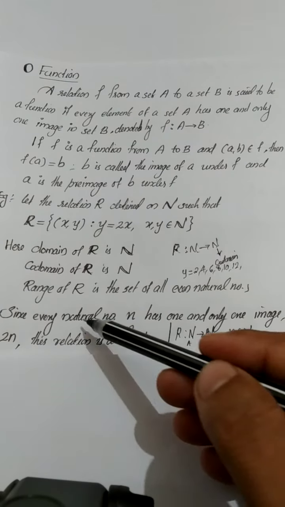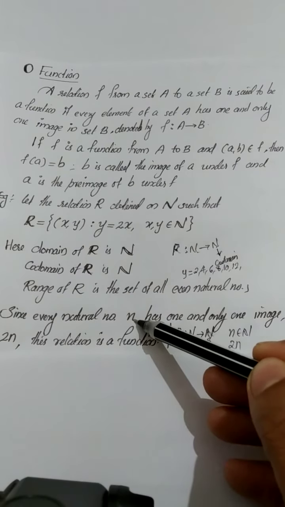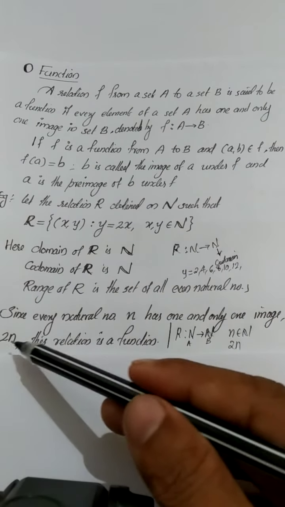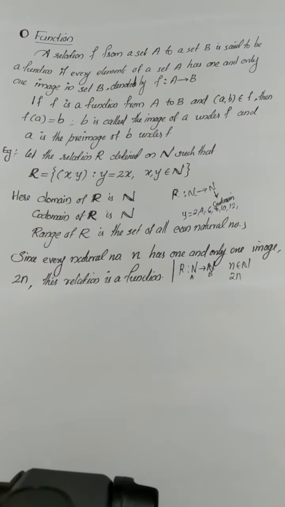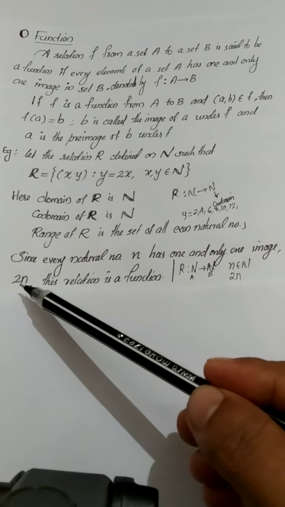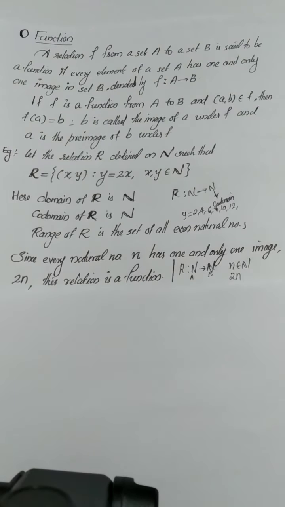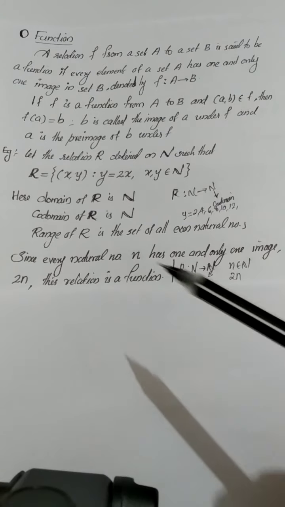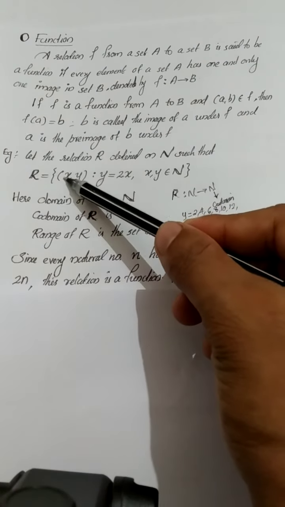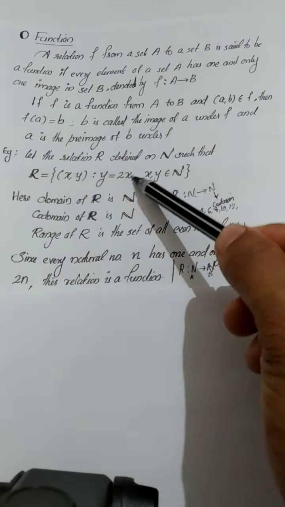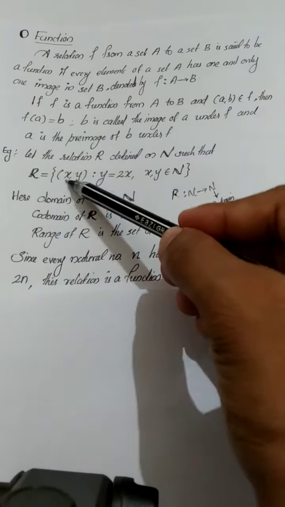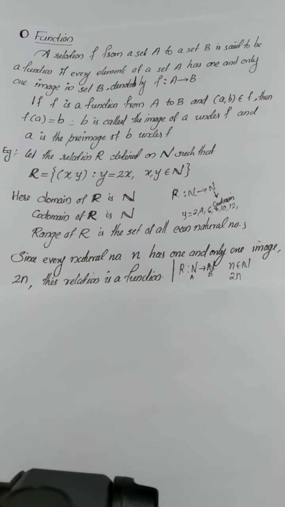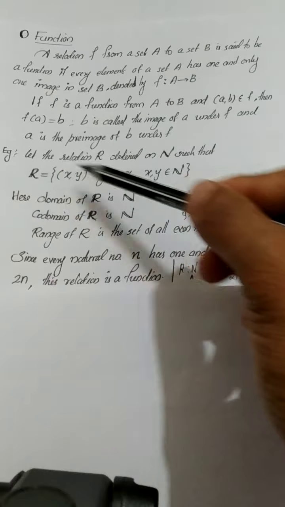So every natural number n has one and only one image 2n. So we can say that R is a function, because for every x we can find 2x. That's why this R is a function.